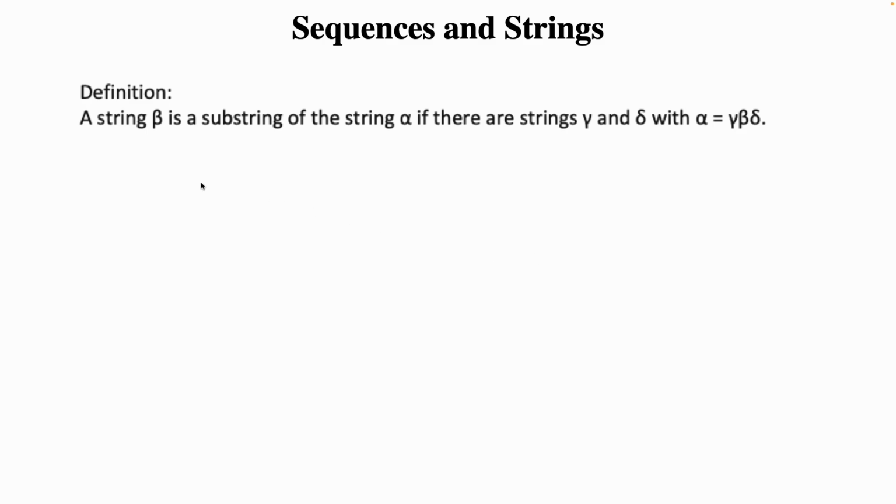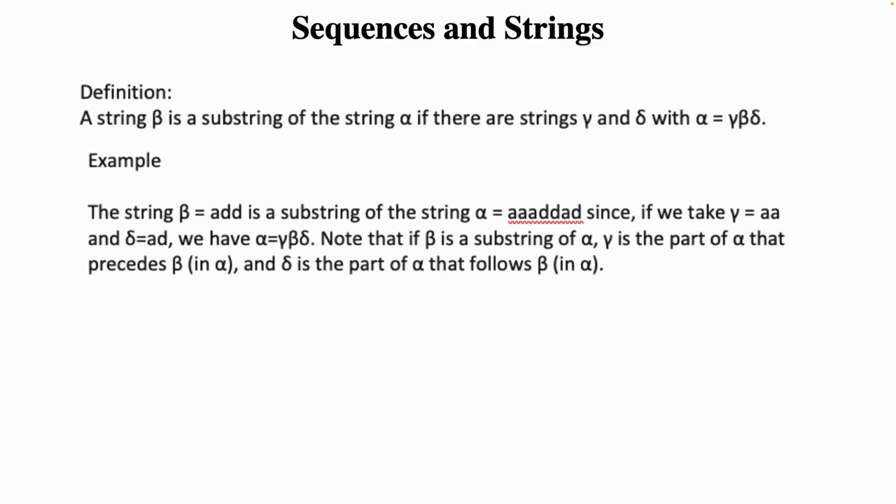Okay. A string beta is a substring of a string alpha if there are strings gamma and delta such that alpha is gamma beta delta. Okay. So suppose the string beta is a string ADD. This is a substring of alpha, which is AADDAD.